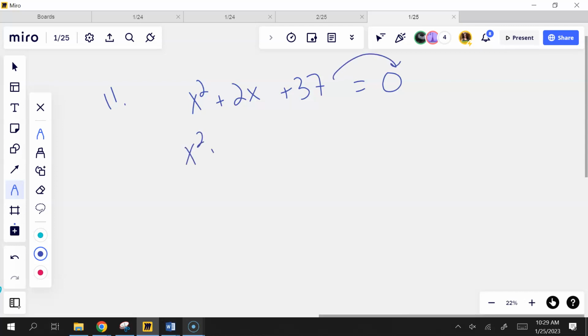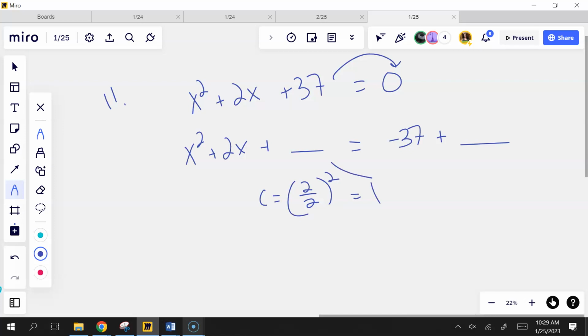All right, x squared plus 2x, leave a hole. Fine. Good C, half of the middle squared. So half of 2 squared. Yes, that's what goes in the blanks. Here and here.